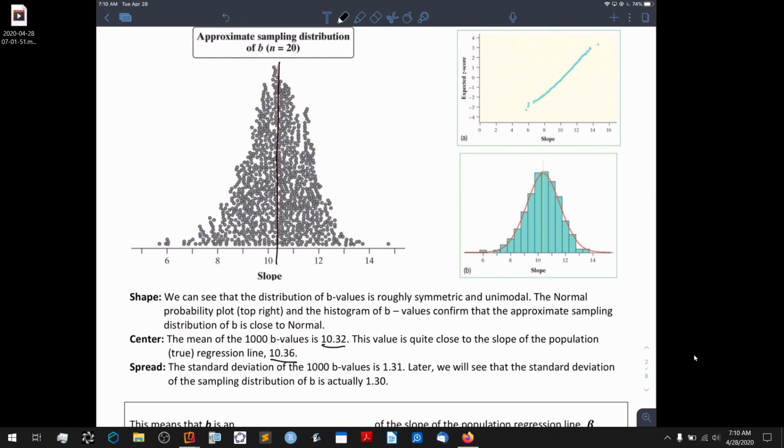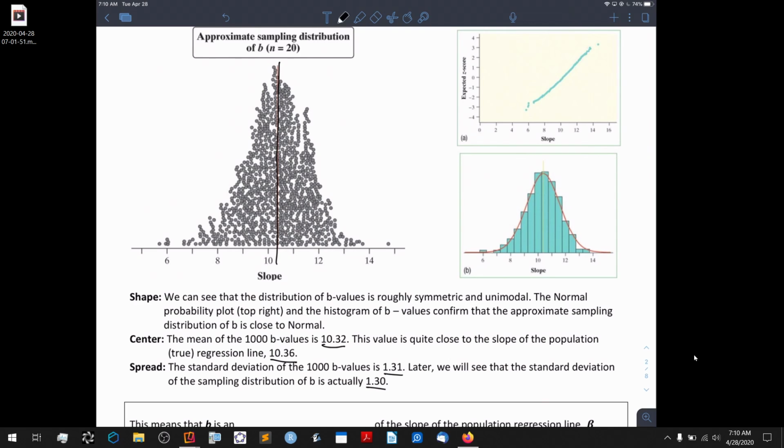This is the population value. Okay, and then the standard deviation is this, and this is the true standard deviation. If you think back to chapter 7, this should tell you something.